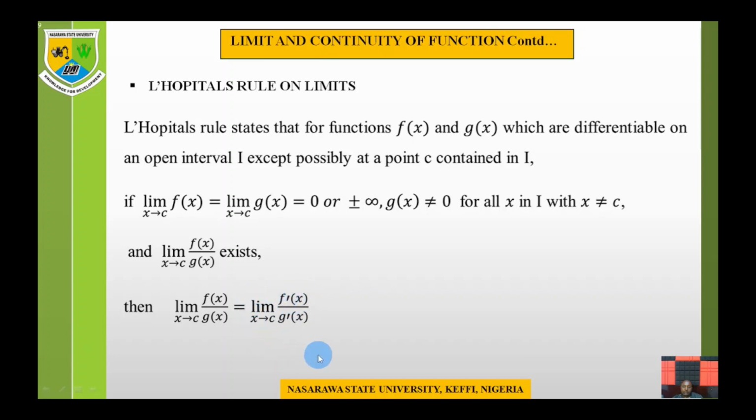That means instead of taking the limit of the original rational function, we are going to take the limit of their derivative. And by extension, this rule can be extended if the first derivative is also giving us an undefined quantity. We will differentiate for the second time and so on. So that is the idea about L'Hopital's rule.